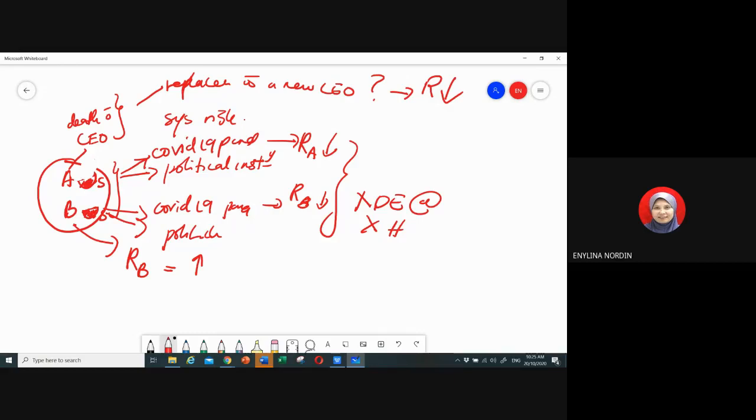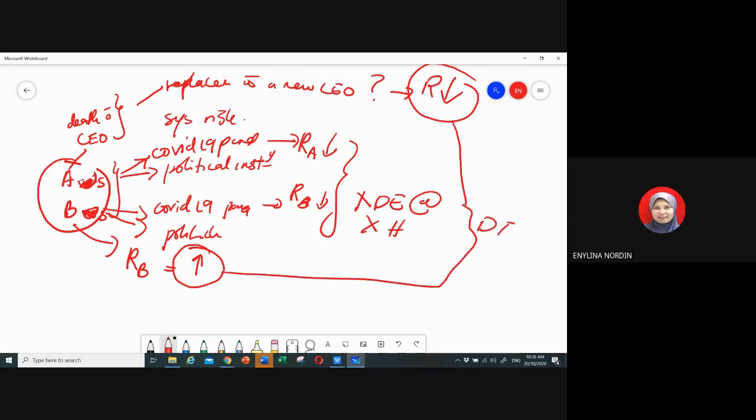Jadi the increase in returns on stock B, okay, is higher than returns on stock A. Jadi the increase in returns on stock B can offset the loss of stock A. Jadi dekat situ kita boleh ada apa kat sini?